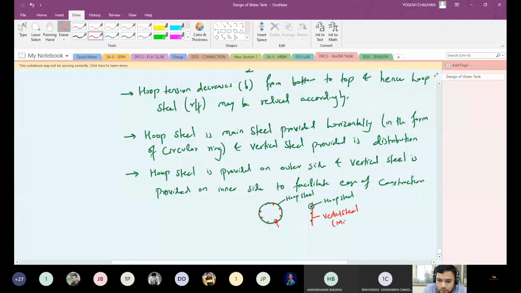Vertical steel is provided on the basis of minimum steel.